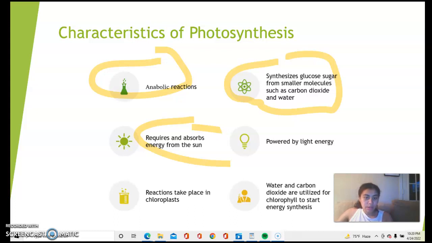The water and carbon dioxide will be utilized by the chlorophyll in the chloroplast to start energy synthesis, so that it'll synthesize the glucose powered by the light energy. All this energy that's coming from the sun will be absorbed for the photosynthesis.